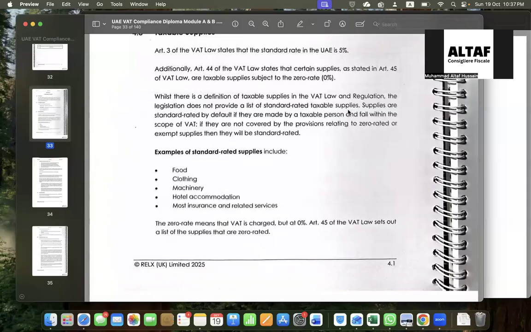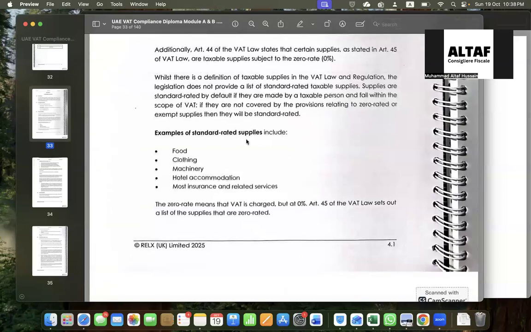No such list is there. Supplies are standard rated by default if they are made by a taxable person and fall within the scope of VAT. If they are not covered by the provisions relating to zero rated or exempt supplies, then they will be standard rated. So it's a reverse ascertainment.